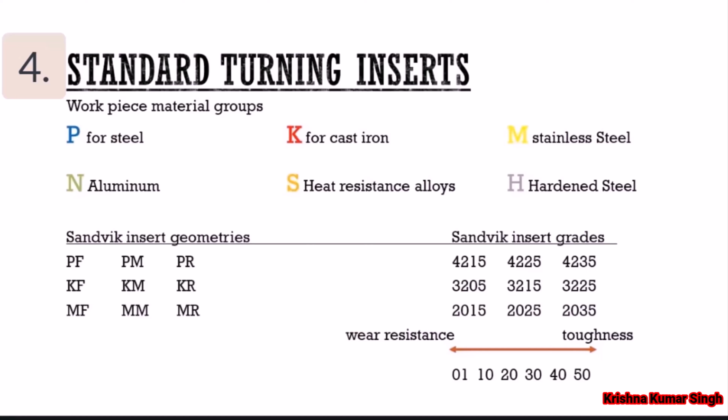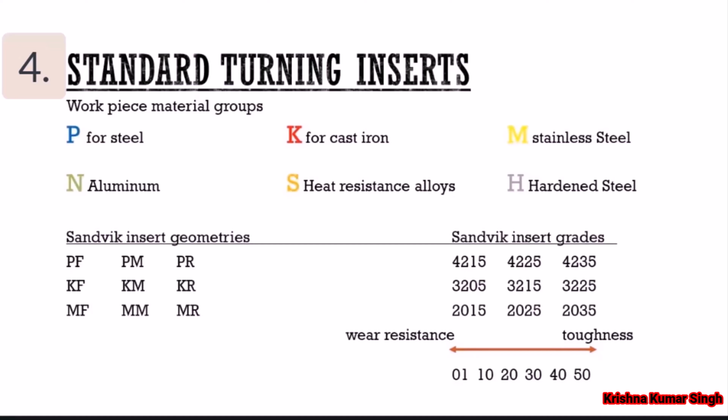Insert geometry greatly affects the cutting edge strength and cutting forces, so some insert geometries are suitable for roughing and interrupted machining, while others are ideal for finishing operations. For example, Sandvik uses PF, PM, or PR codes for different types of geometries. The logic behind Sandvik's insert chip breaker code is simple.